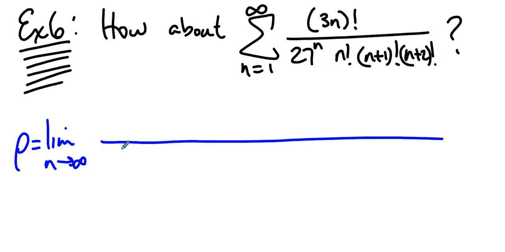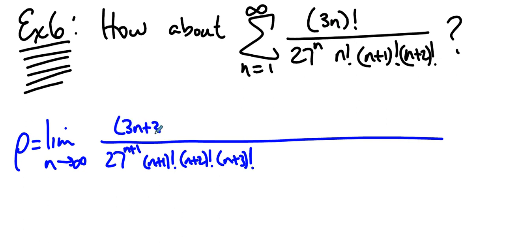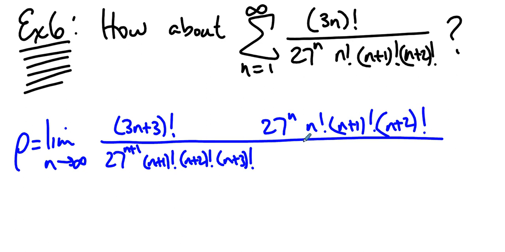The n plus 1th term, denominator a little bit easier to figure. N plus 1th term, 3 times n plus 1, that's 3n plus 3, right? And then we divide by the nth term. So what happens?